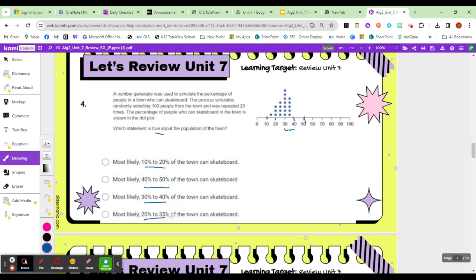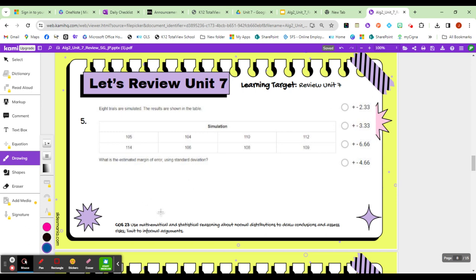And then the last one says 20 to 35. So 20 to 35 would be right here. So that would be 1, 2, 3, 4, 5, 6, 7, 8, 9, 10, 11, 12, 13, 14, 15, 16, 17, 18, 19. So more of the dots lie in this range, 20 to 35%.